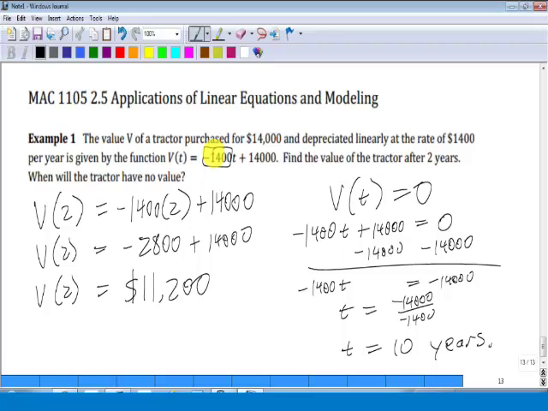It is negative 1,400. And what is that negative 1,400 telling us is happening to the value of this tractor? It's decreased. The value of the tractor is decreasing by $1,400 each year, right? So that would be the interpretation of this slope.